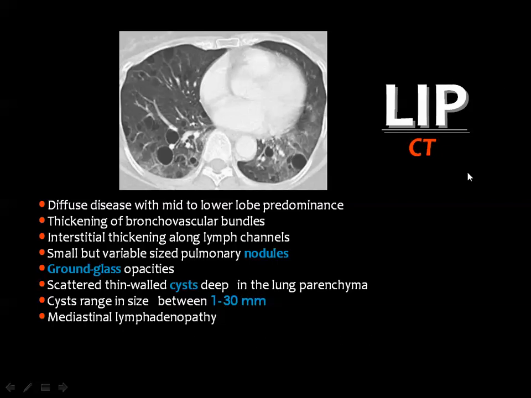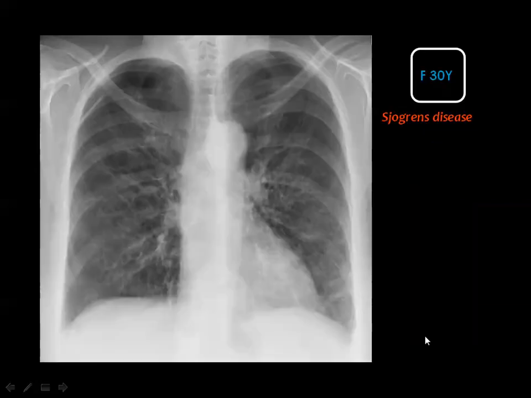And by high resolution CT, you get ground glass opacities, and you get scattered thin wall cysts deep in the lung parenchyma. The cysts may range from 1 to 3 centimeter in diameter. They may be associated with mediastinal lymphadenopathy.